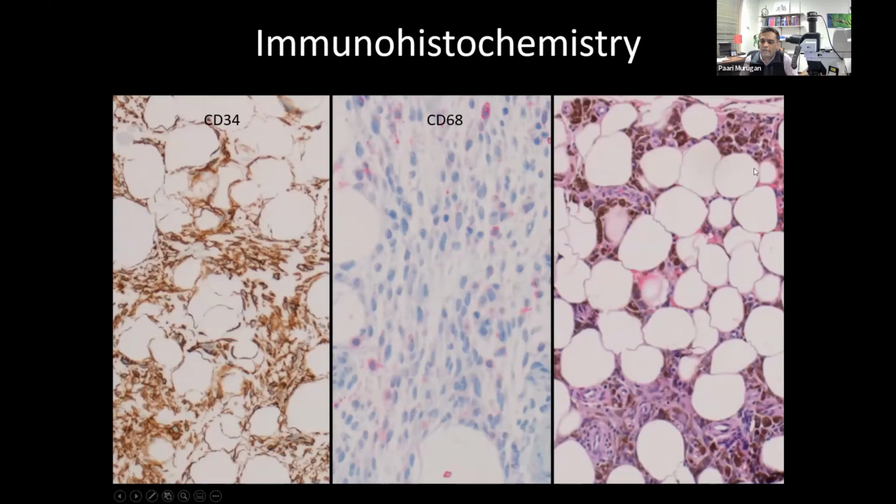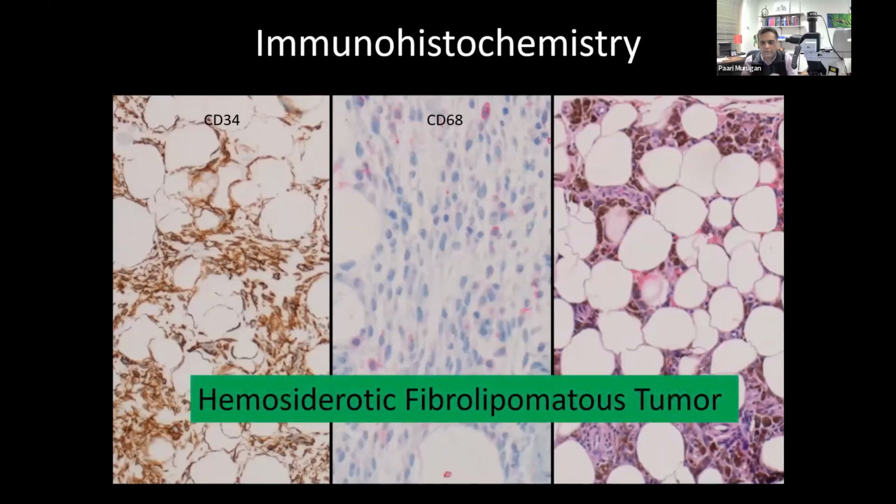So we have the lipomatous component, we have the hemosiderin, we have the fibrous component over here in between the fat. A diagnosis that fits all these characteristics is what is called a hemosiderotic fibrolipomatous tumor.